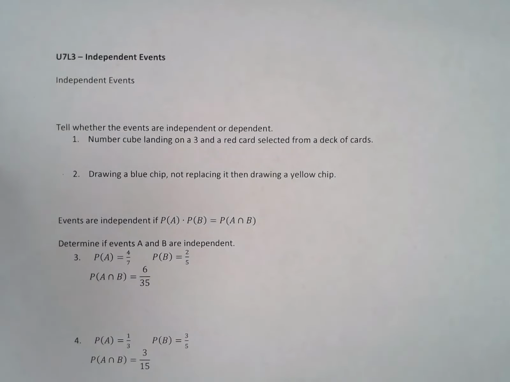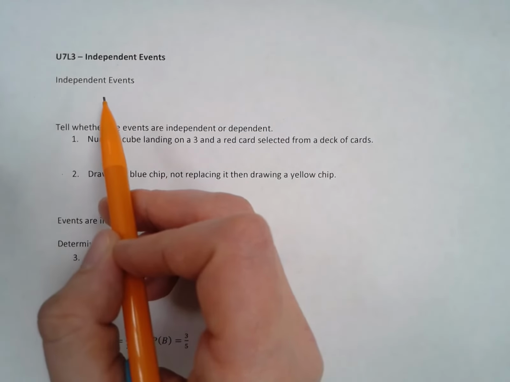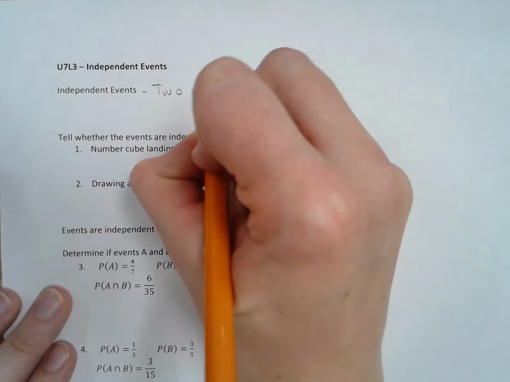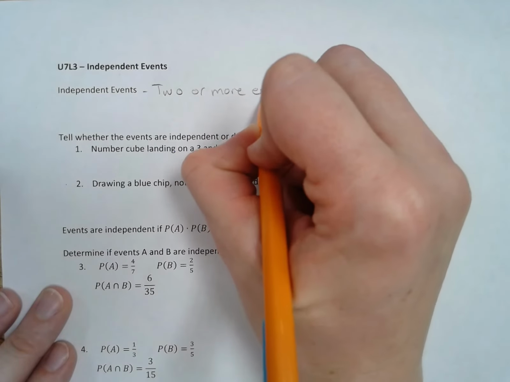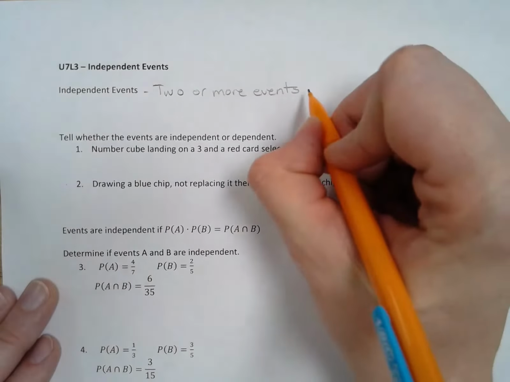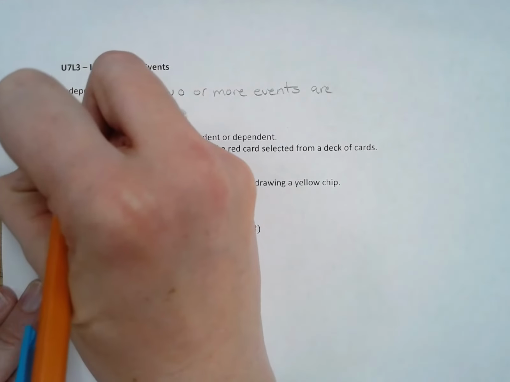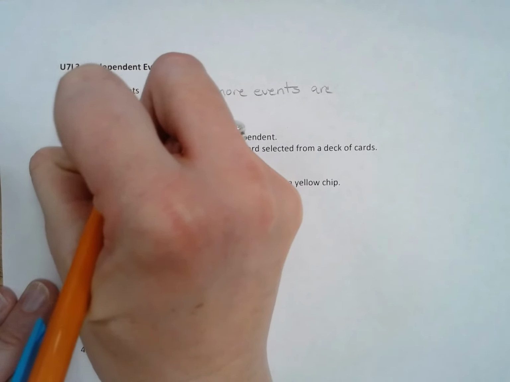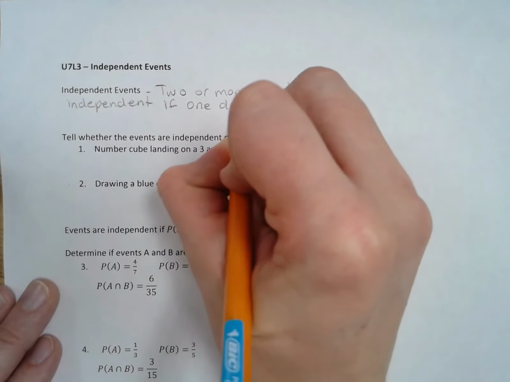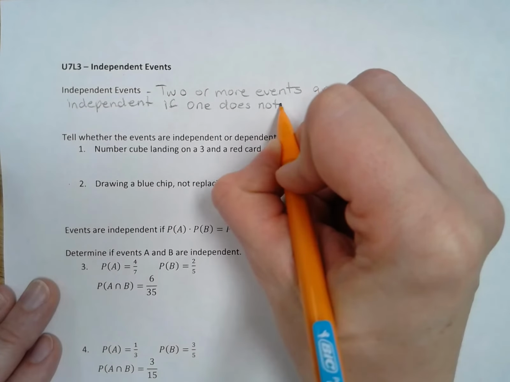In this lesson, you will learn how to calculate the probability of independent events, as well as determine if events are independent. So first of all, independent events are two or more events that are independent if one does not affect the outcome of the other.